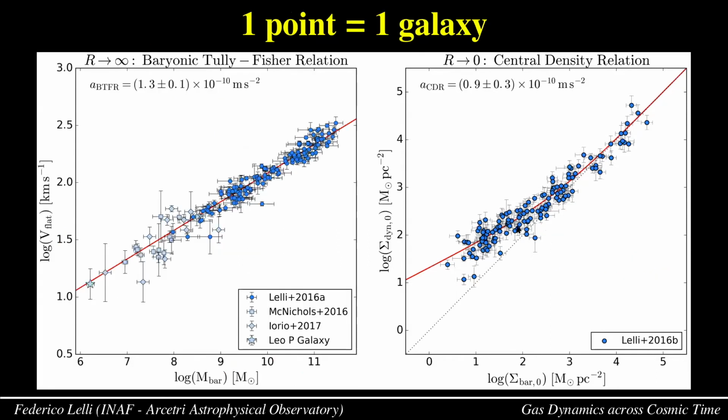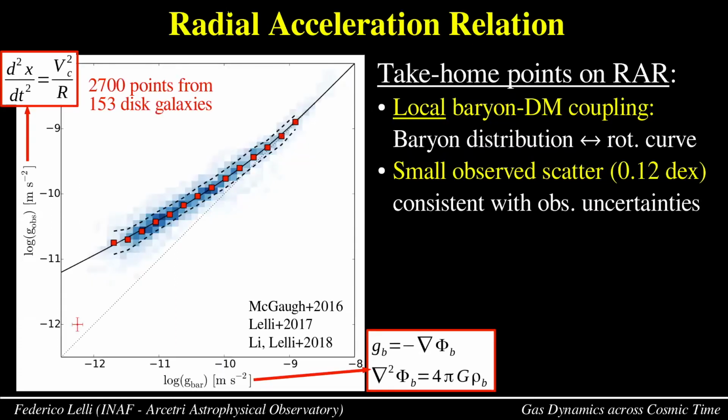Now, these two relationships concern individual galaxies. So 1 point is equal to 1 galaxy. But in principle, we can use the full power from spatially resolved observations. And this is what we do in the radial acceleration relation, where now we have 2,700 points at different radii from different galaxies, which are shown as the blue color scale.